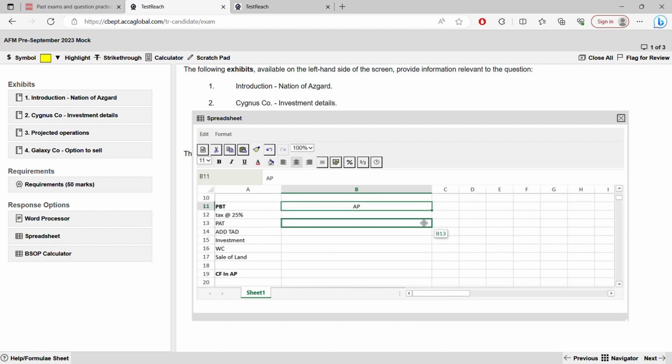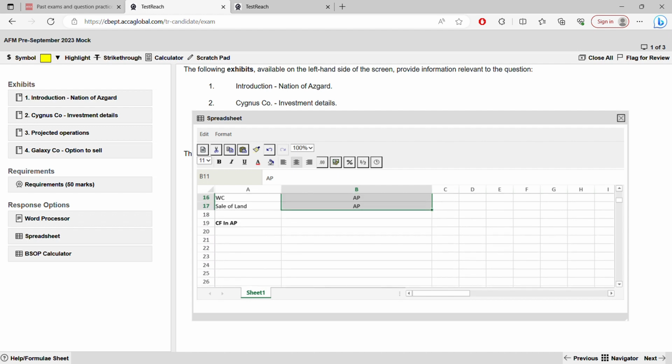You need this plus sign here. Okay, everything is in AP. Even this is in AP. So now it's in AP. What do you need? You need to convert this into dollar now. Cash flow in dollar. Now it will be in dollar. Now everything else will be in dollar.